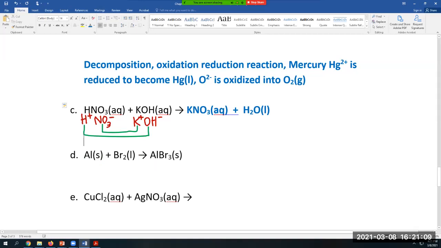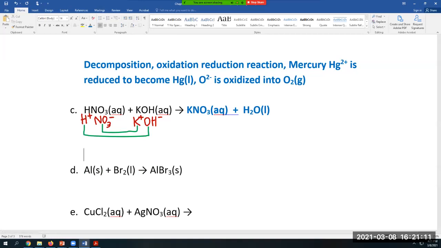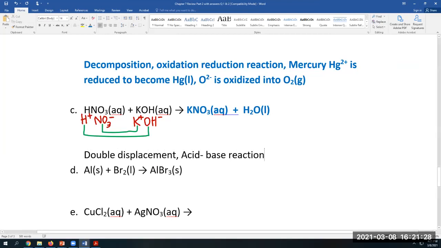Okay. So we have a double displacement reaction for sure, because we did exchange partners. And then we have an acid-base reaction. This was the acid here, acid plus base.